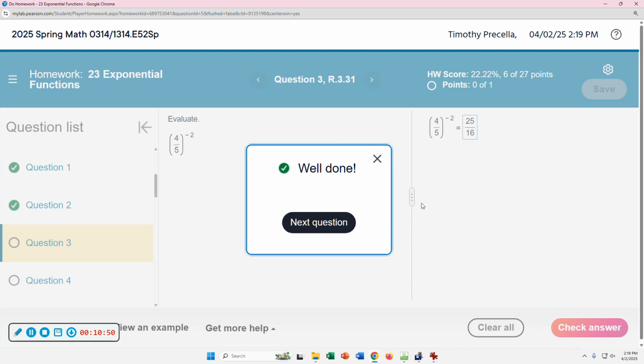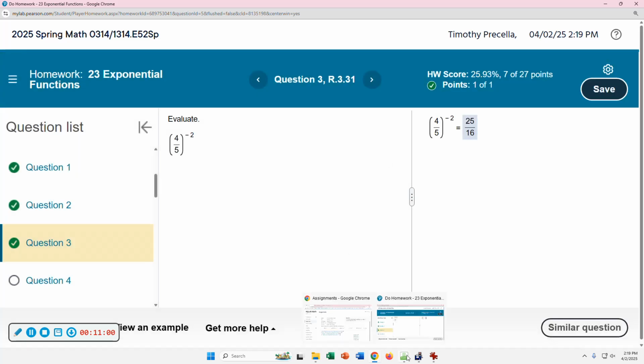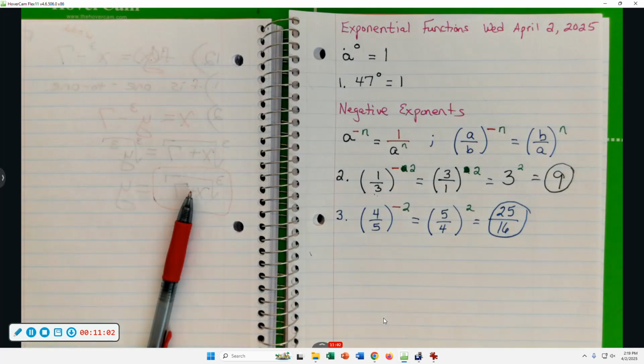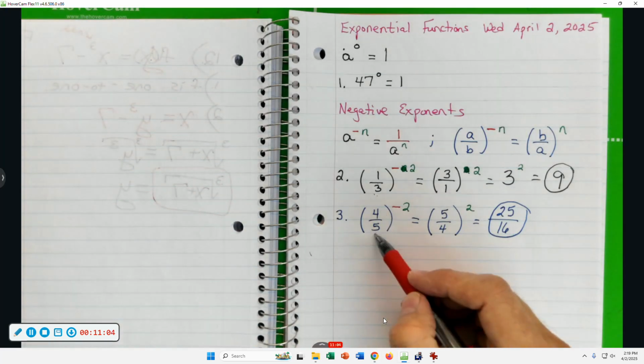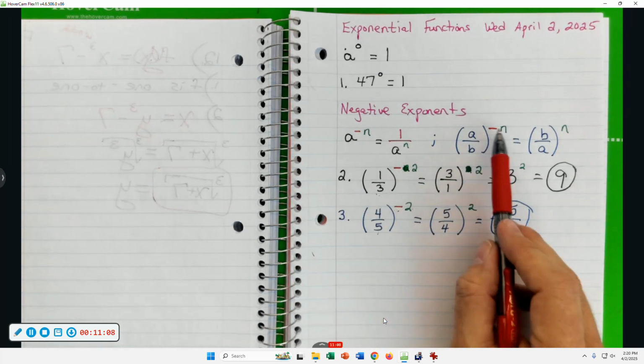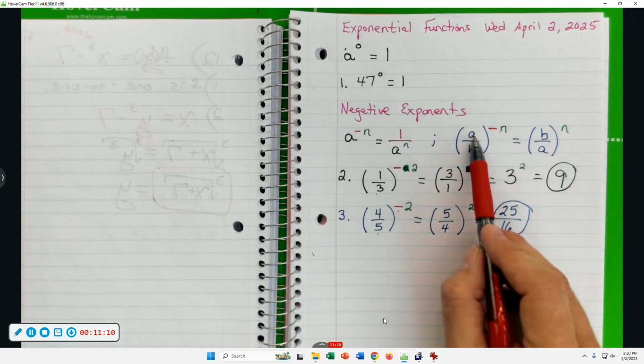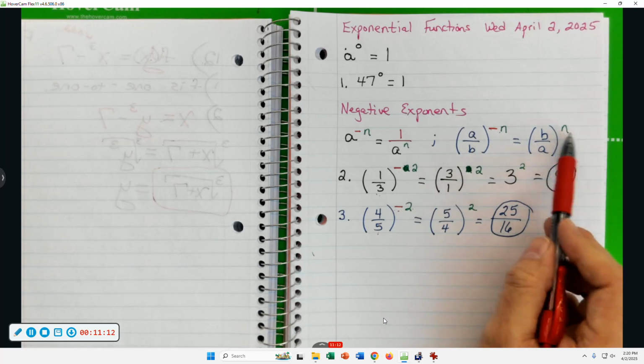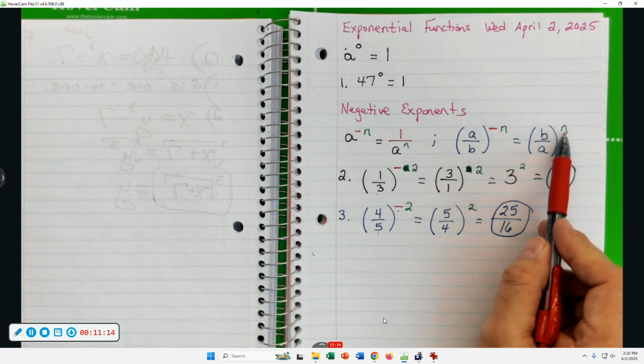Any questions? Y'all following what we're doing? I got mixed up for a second. Oh, you got mixed up on which one? This one? Okay. If it's a fraction raised to a negative power, here's the rule: flip the fraction and use the positive power.